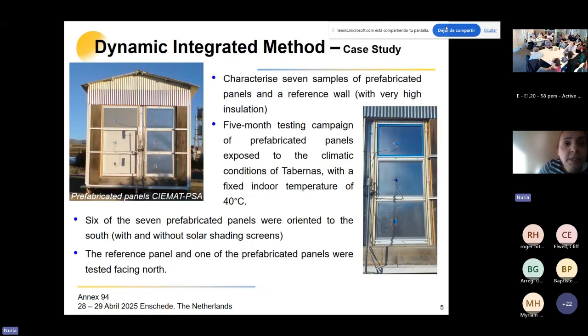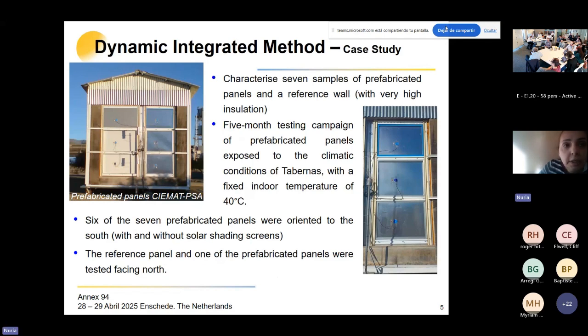In this case, what we have done is characterize a sample in a study for prefabricated industrialized panels. We carried out this campaign maintaining an indoor constant temperature of 40 degrees and varying the outside temperature.